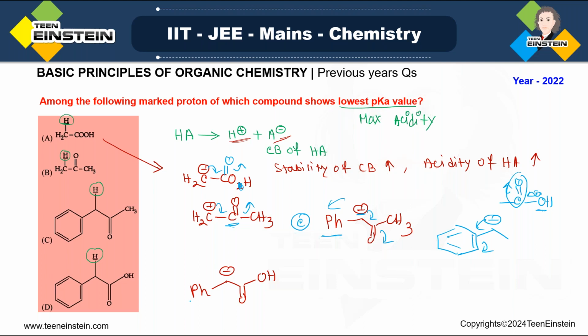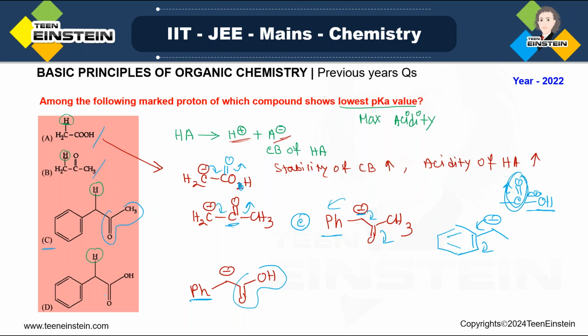And in the case of the last one, here also we have Ph just like option C, but on this side we have COOH. But remember, compared to the COCH3 group, if you consider COOH, the case is just like these two, where we have seen in COOH that resonance with the OH group is also possible. As a result, the double bond character of the CO group is decreased.